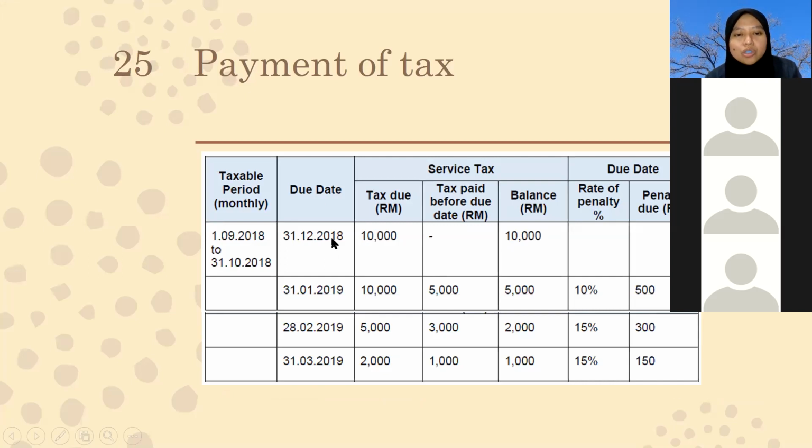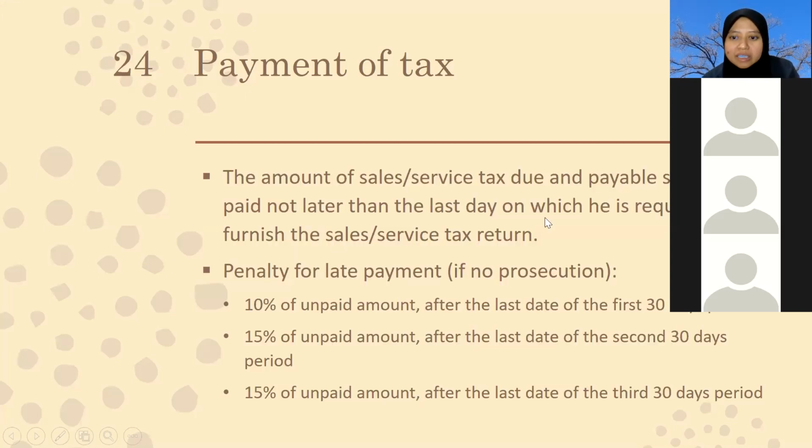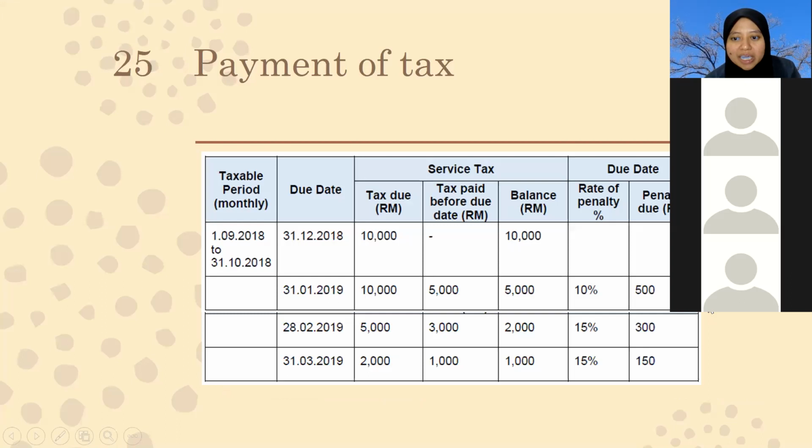So the first 30 days period here is calculated from 1st of January. To make things easy, we just take the end of the month. From 1st of January, the first 30 days, you don't pay, so there will be an example here.